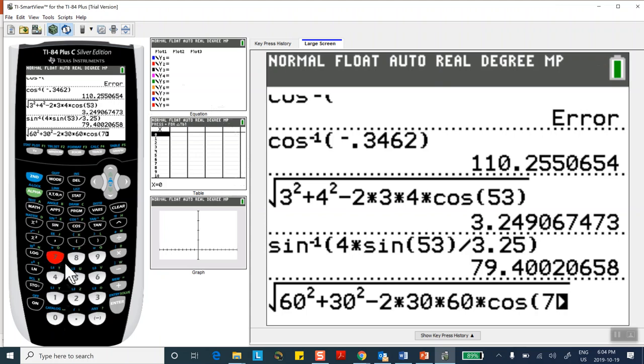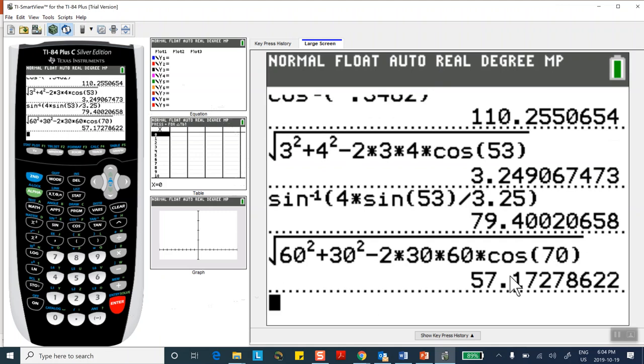And my mode is on degrees, so that's okay. Close it. So this is 57.17.